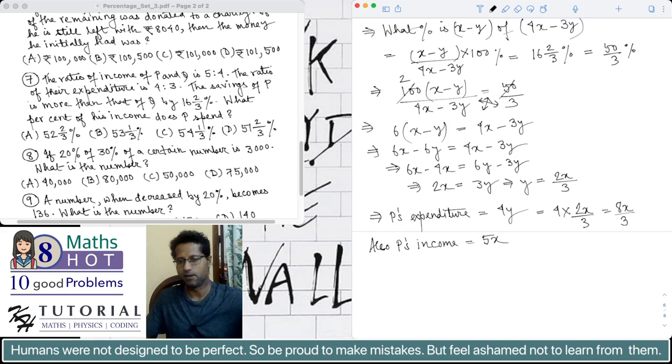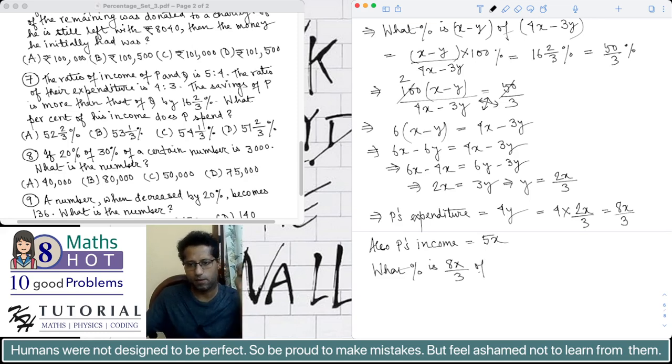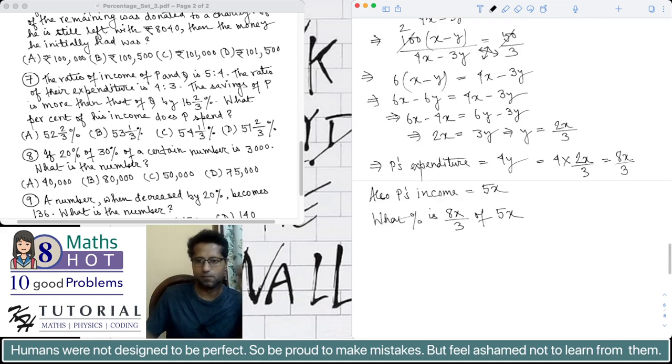Now we have to find what percentage P's expenditure is of P's income. So we have to find what percent expenditure, that is 8x by 3, is of income, that is 5x. This will be the answer.